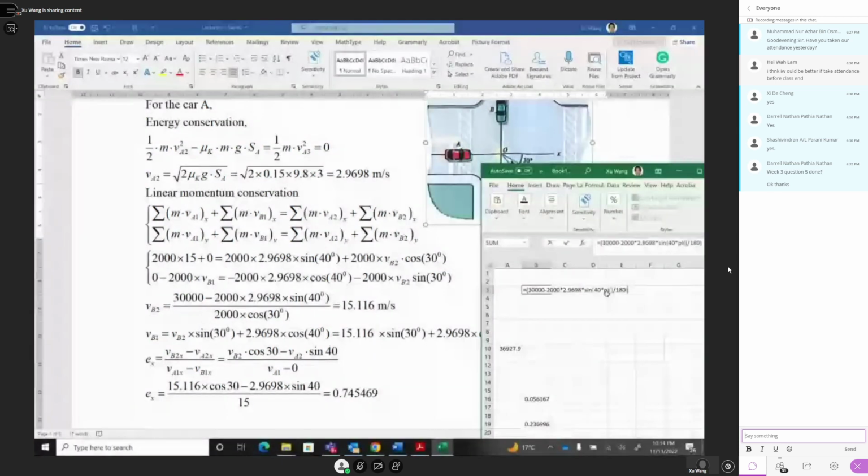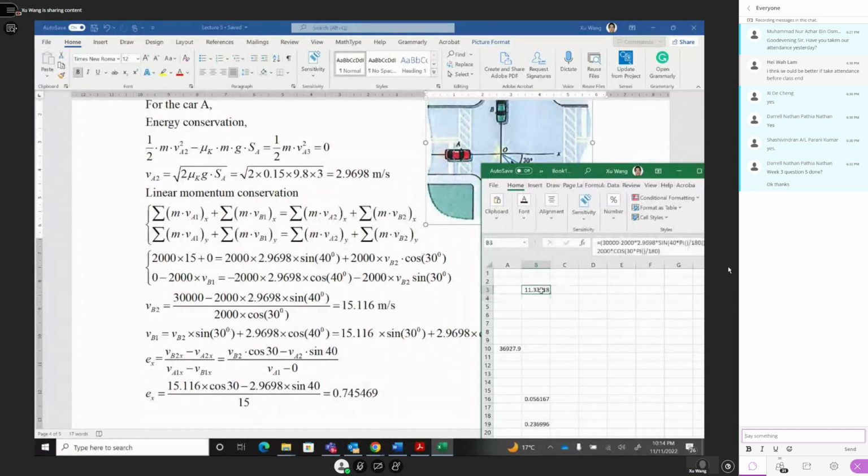Okay, and then bracket again, divide by 2000 and then multiply cosine. Again, the 30 degree you have to convert to radians, so multiply pi divided by 180, and then you can get the cosine. Okay, this one enter.